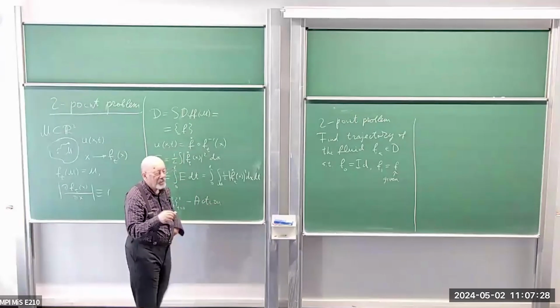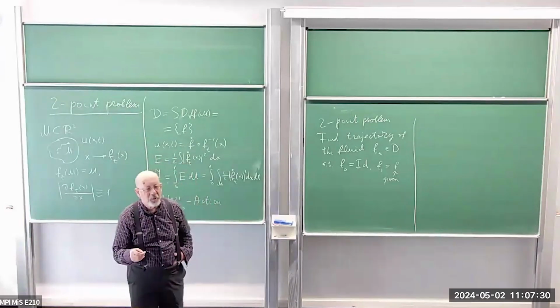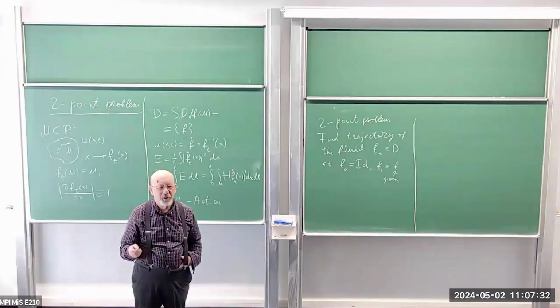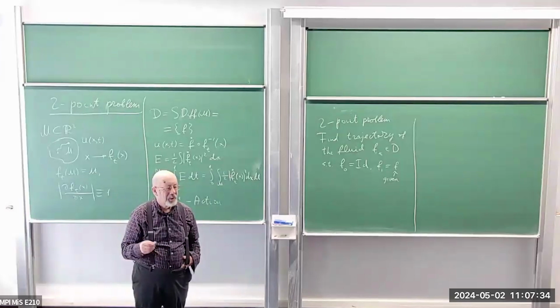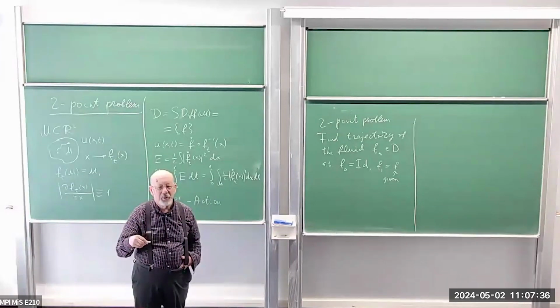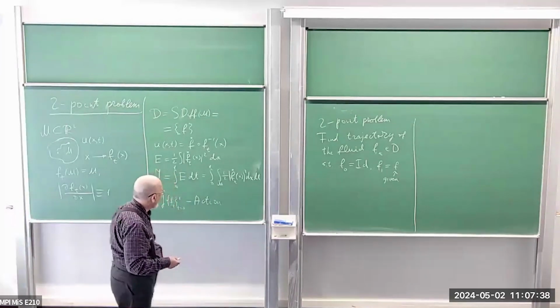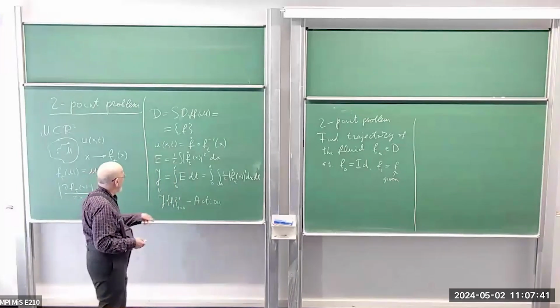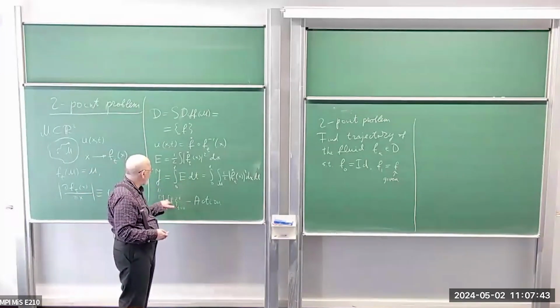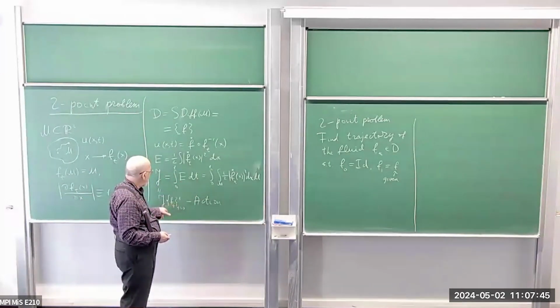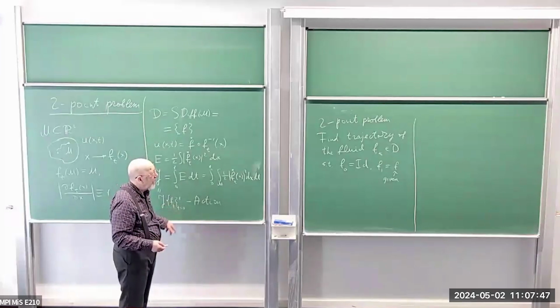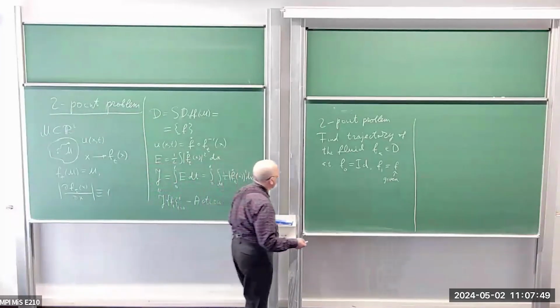Action is the integral of kinetic energy. If there is potential energy, then we have to take the difference between kinetic and potential energy. So it is a Lagrangian, the energy is the Lagrangian, and this is the Lagrangian action.